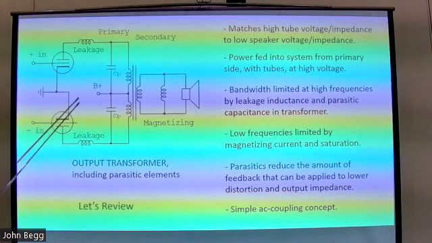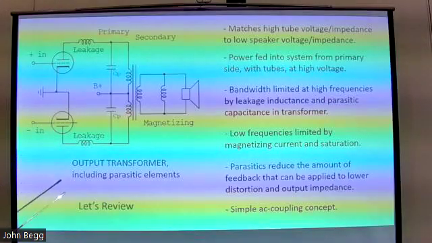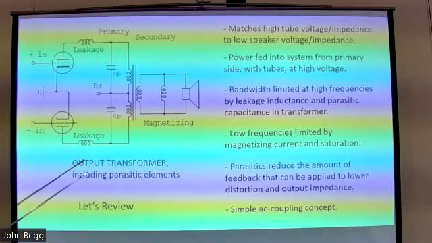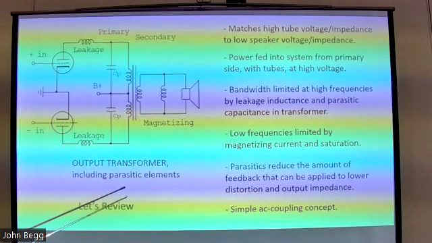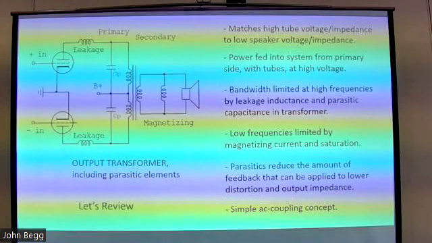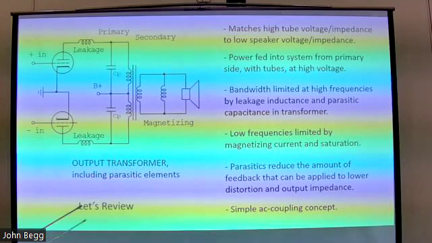So this is the output transformer, not the ZOTL. Bandwidth is limited at high frequency by leakage inductance and parasitic capacitance. Low frequency is limited by magnetizing current and saturation. Parasitics reduce the amount of feedback that can be applied to lower the distortion and output impedance. It's a simple AC coupling concept. As I said, this is a review because I already said all this. So, next slide.